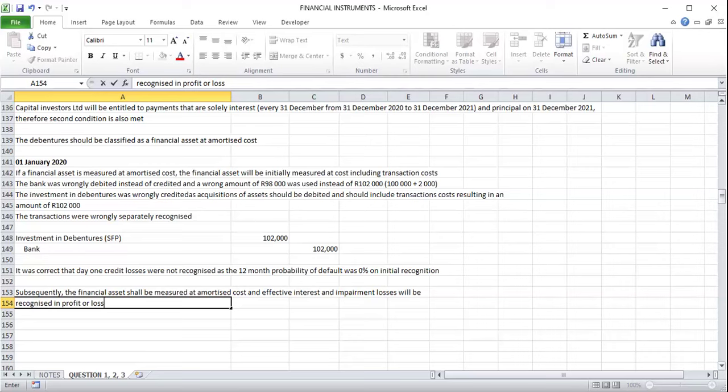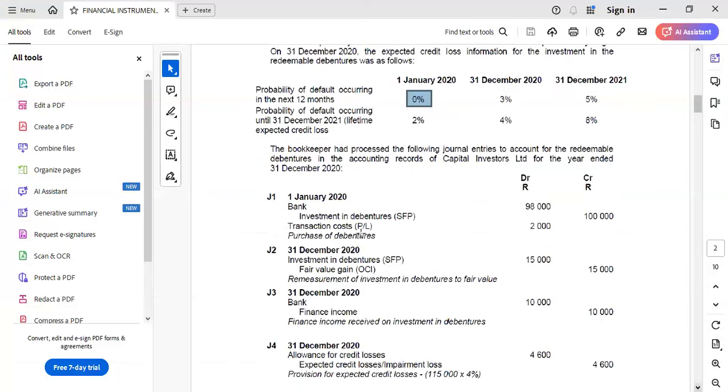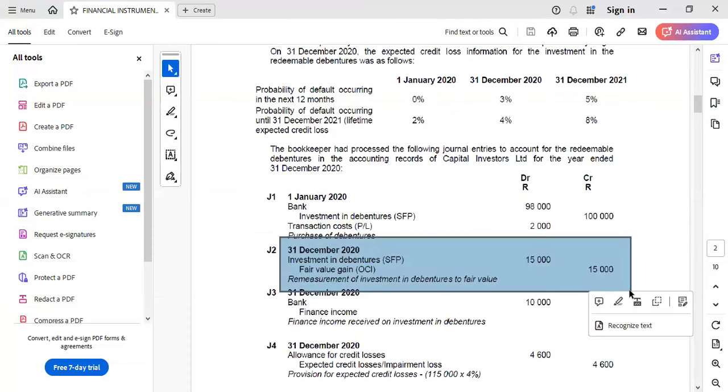Now you can see that this guy subsequently recorded fair value gain through OCI, which was wrong.